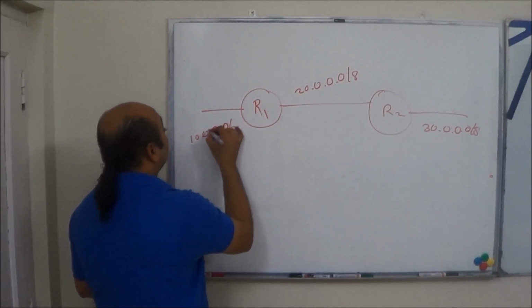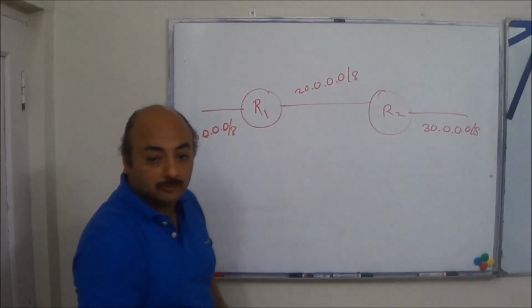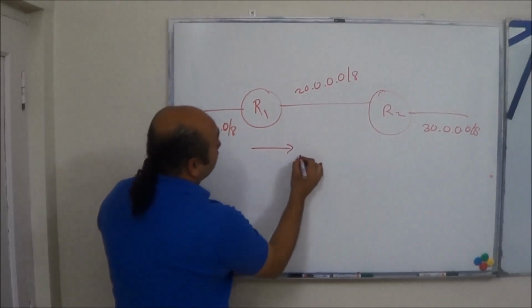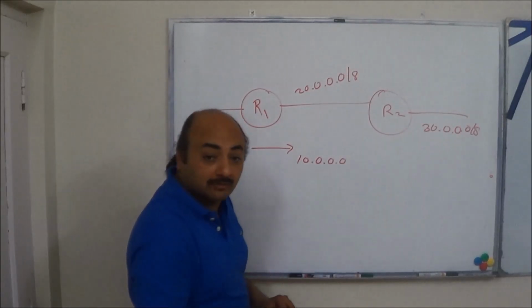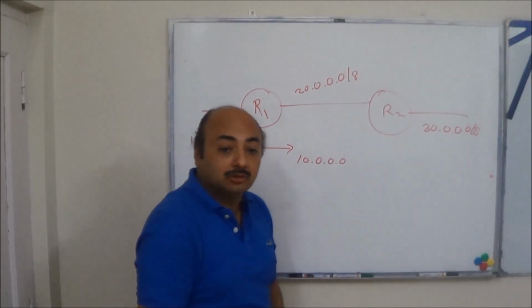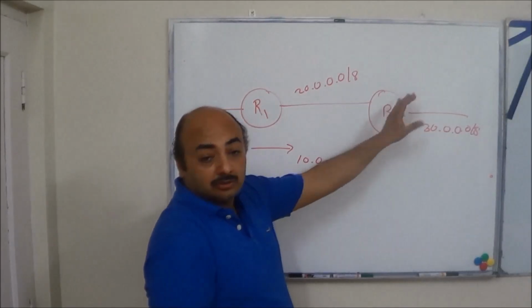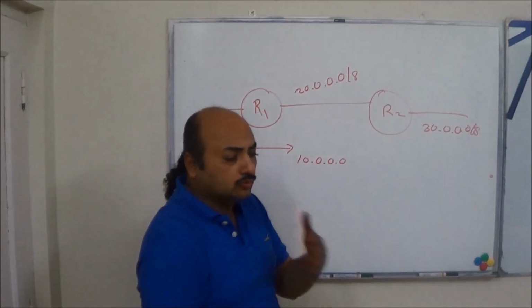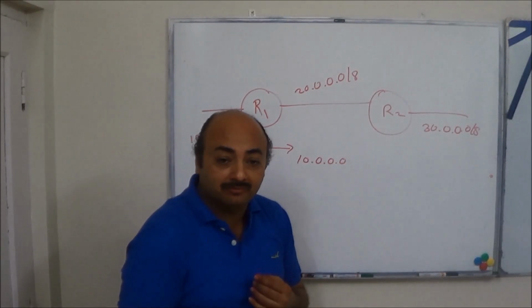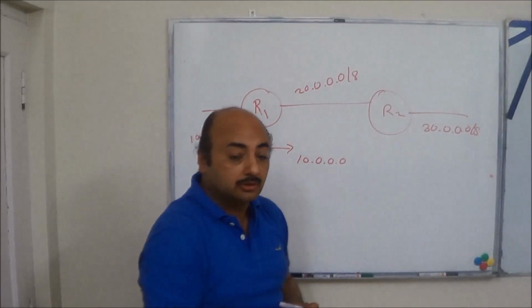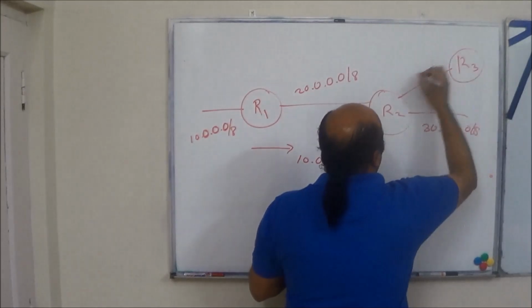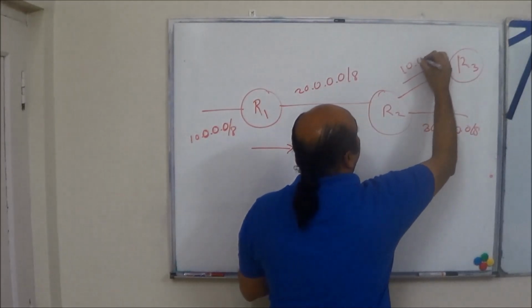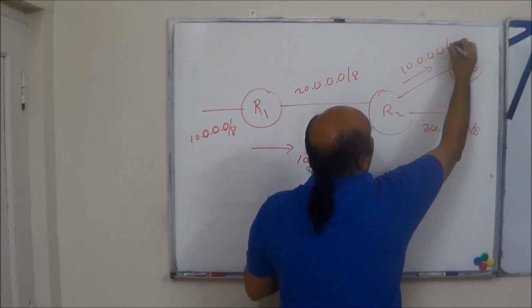Now while using RIP, R1 is going to advertise 10 network to it. And what have we learned till now? A raw definition: whatever is in your routing table, you advertise to your neighbor. So as such, R3 is supposed to advertise this 10 network to this one with a hop count of 2.